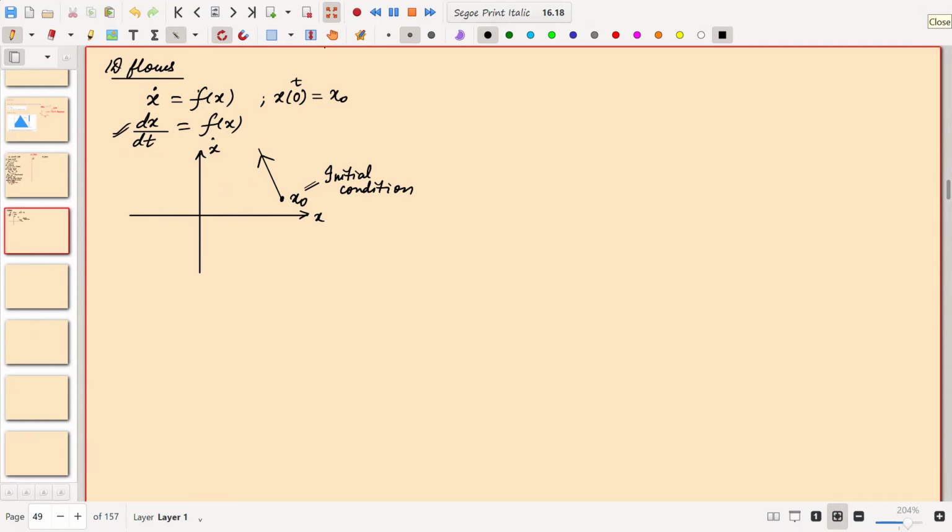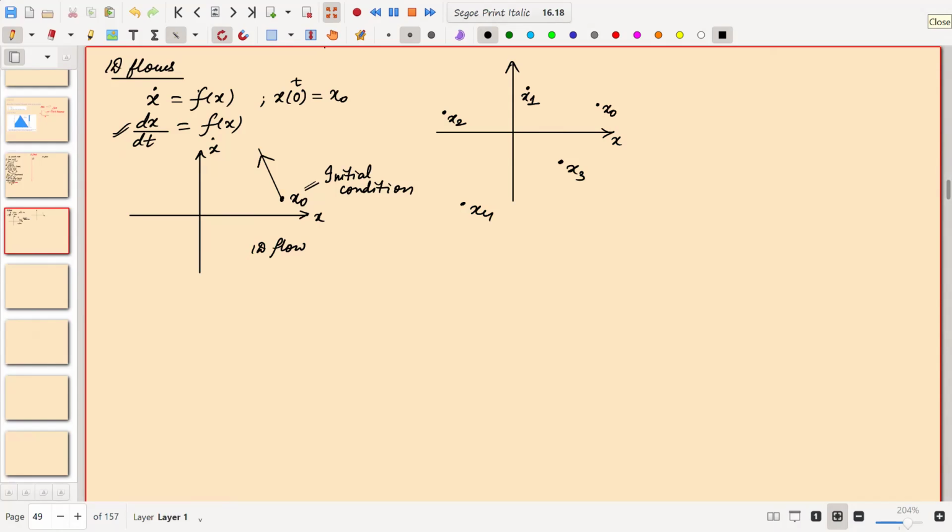Okay, so this is the idea. This is for 1D flow. Whereas for the discrete map, you will have something like this. You started with x naught, then you apply the map f. It might be x1. You apply the map f again, you go to x2, you go to x3, then come to x4. So you can see it is not a continuous jump.